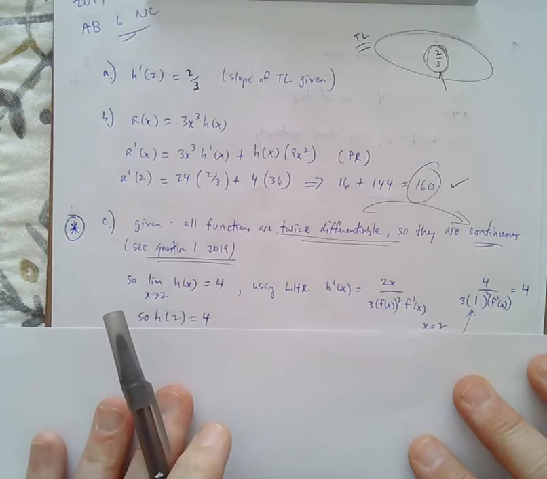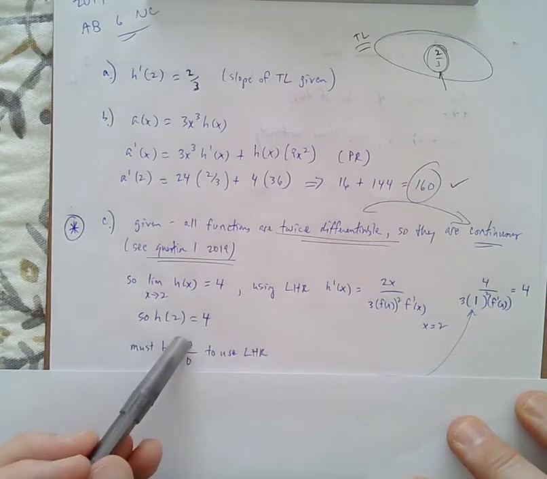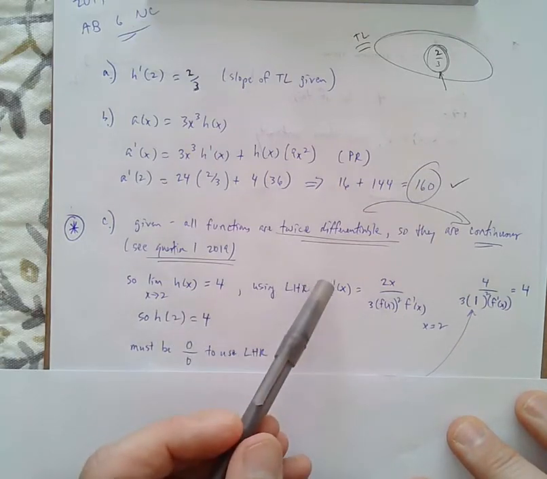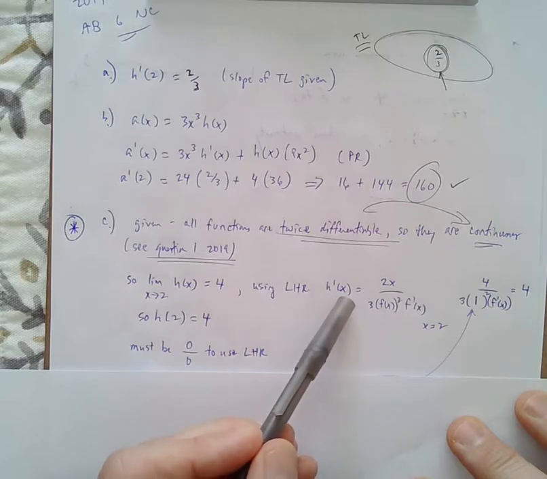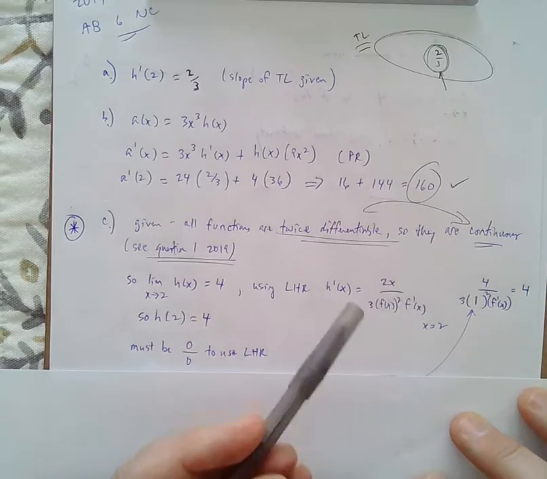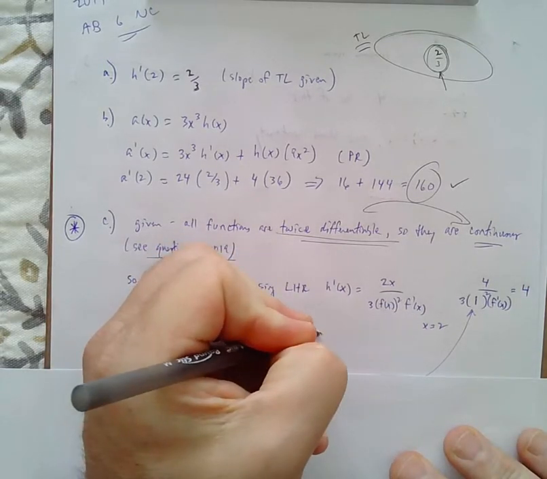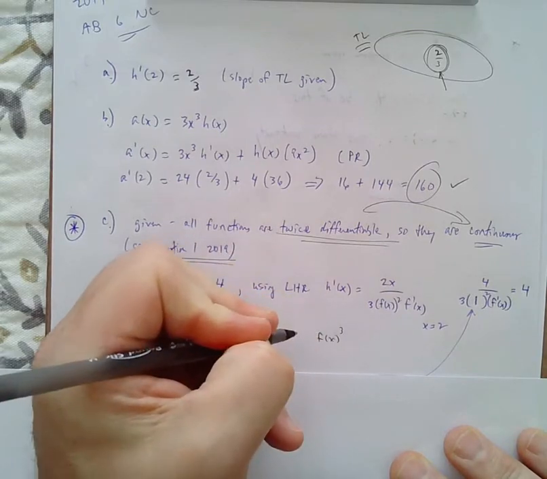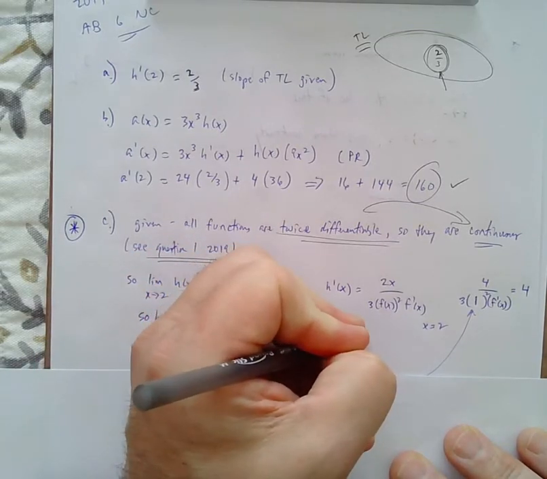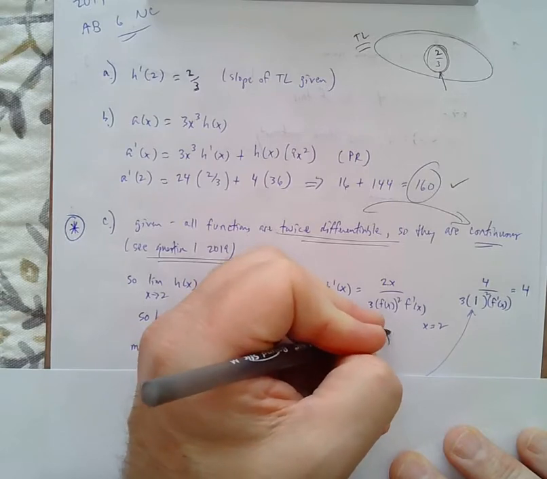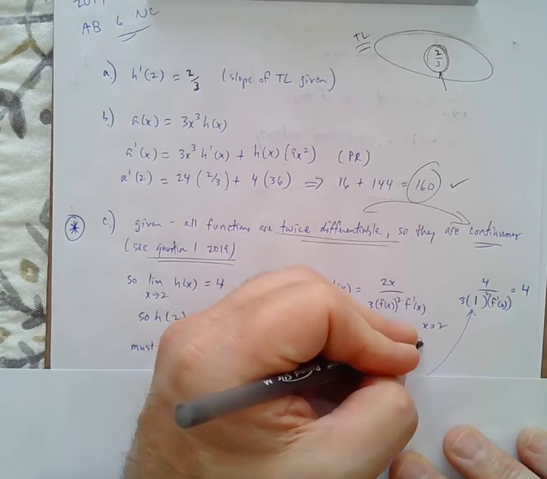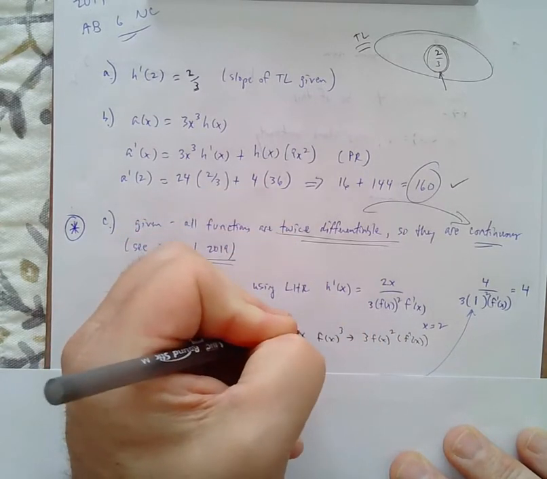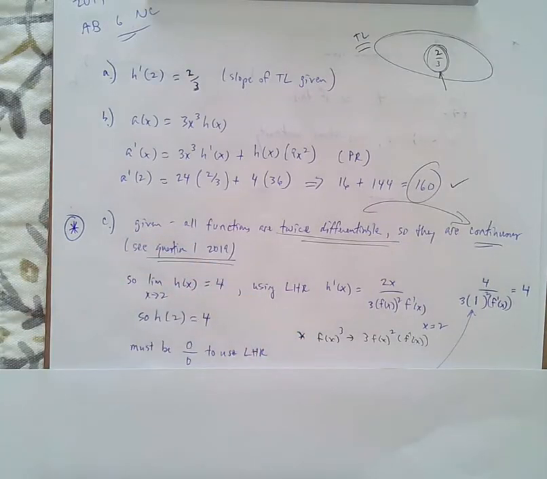And whatever h of x was given in the problem, I took the derivative, because by L'Hopital's rule, you have to be 0 over 0. So I took the derivative of the h of x, which was given in the problem. And again, the derivative of f of x cubed is 3f of x squared times f prime of x. That's the chain rule. So you want to take note of that.